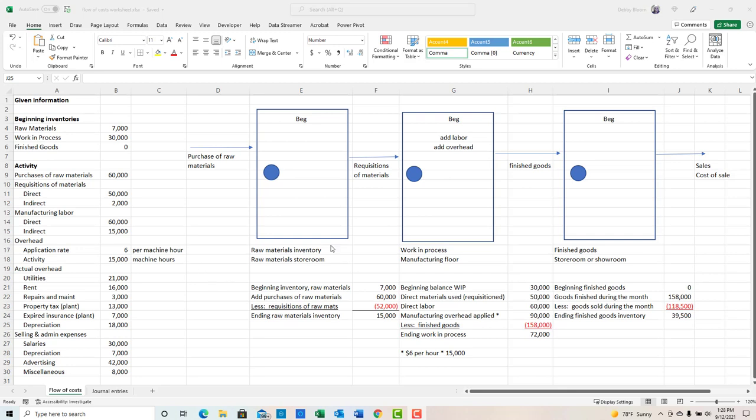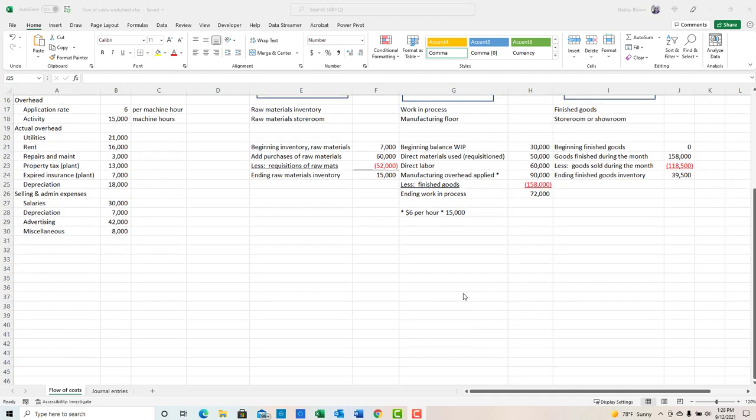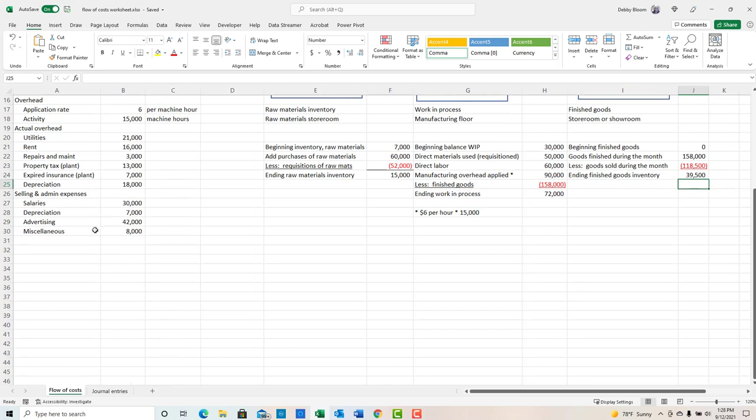Now all we have to do is rearrange the schedules that we have up above into a proper schedule of cost of goods manufactured. So I'm going to scroll down here and prepare a proper schedule of cost of goods manufactured, and I'm actually going to need 3 columns for that. So I'm just going to make column B a little bit wider because I'm stuck with this column orientation.